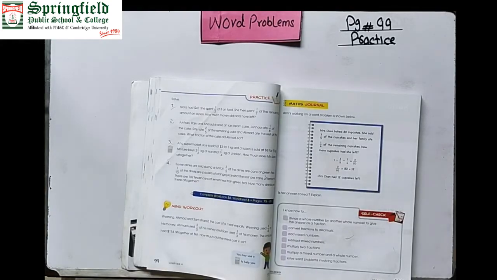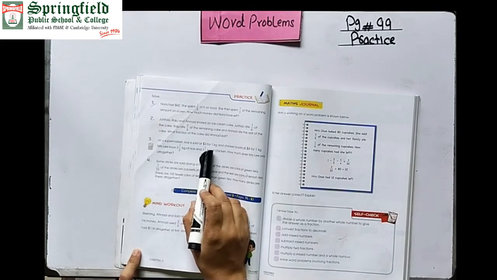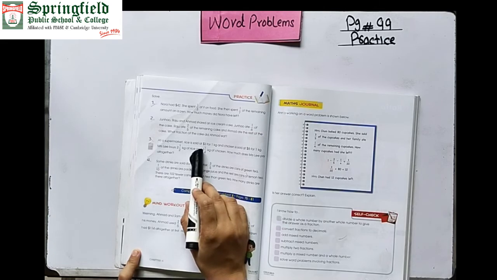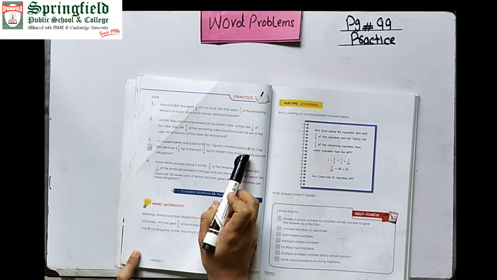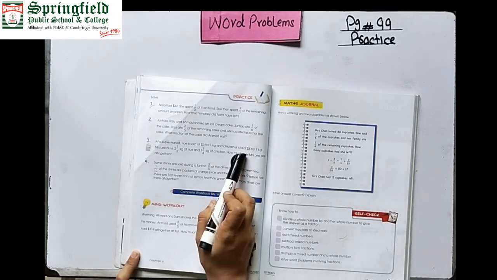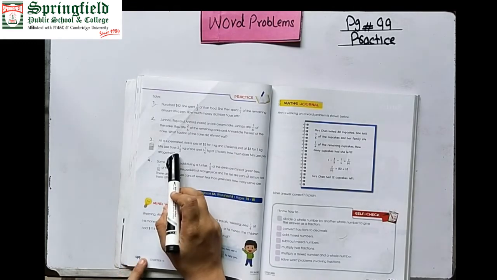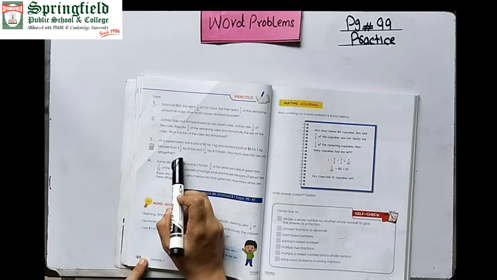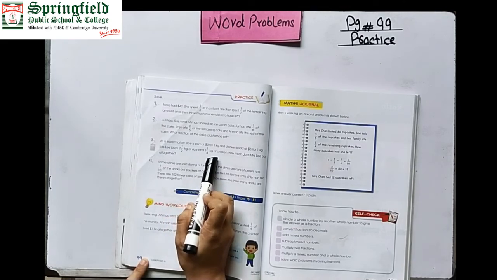Question number 3 is, at a supermarket, rice is sold at $3 for 1 kg. This is the price of 1 kg rice. And chicken is sold at $8 for 1 kg. Means 1 kg chicken is sold for $8. Mrs. Lee buys 2 whole 1/2 kg of rice and 1 whole 1/4 kg of chicken.